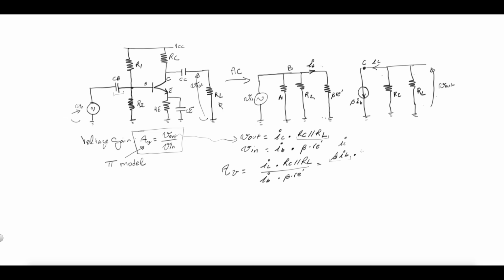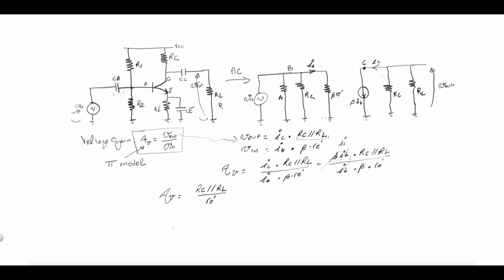And times RC in parallel with RL, everything divided by IB times beta times little re prime. Well, we can get rid of beta. We can get rid of IB. So what are we left with? AV will be equal to RC in parallel with RL divided by re prime.